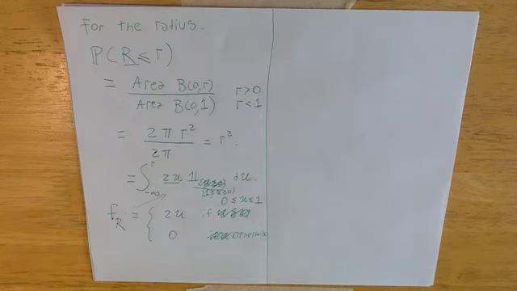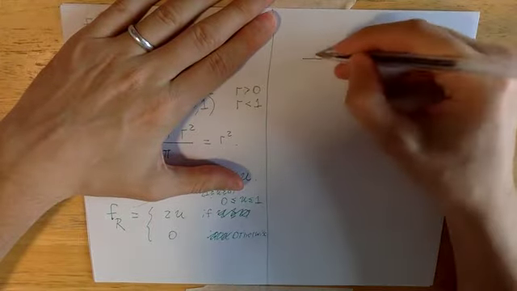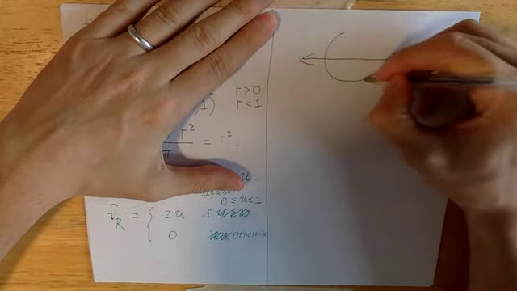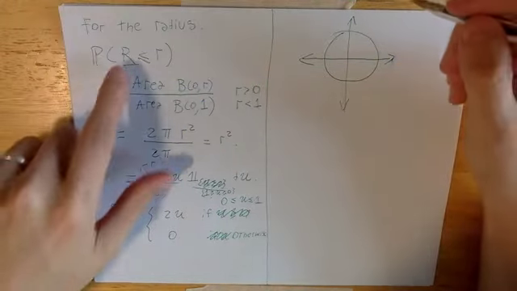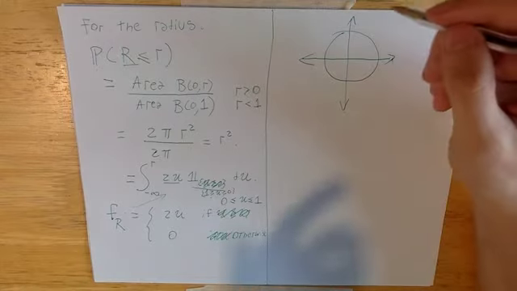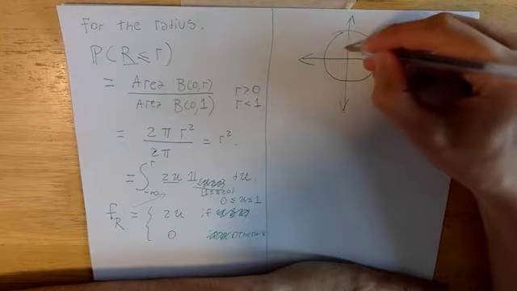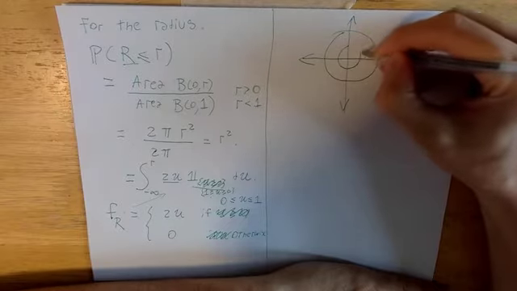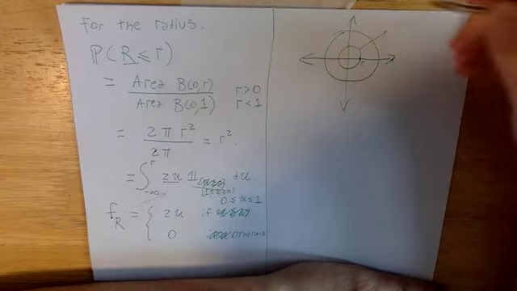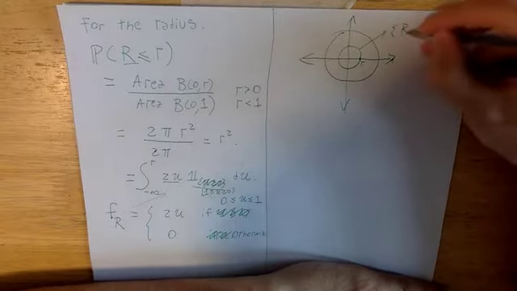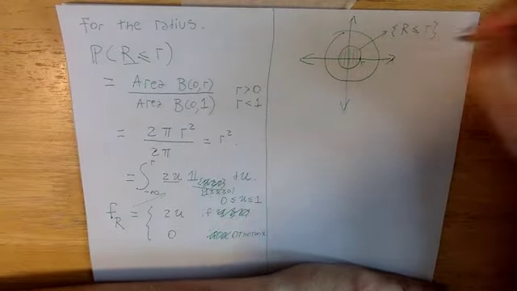Just to make sure that you understand what I'm trying to say, I have the unit ball here, and now I want to say what is the probability that the radius of the point I have gotten is less than little r. So what is the set of R less than r? If this is little r, this is the set R less or equal than little r.